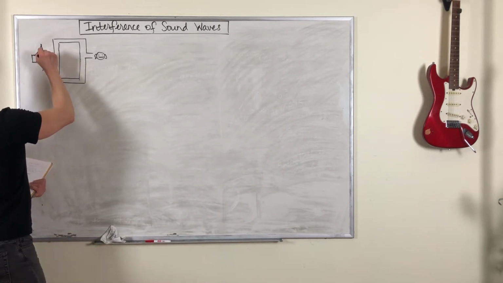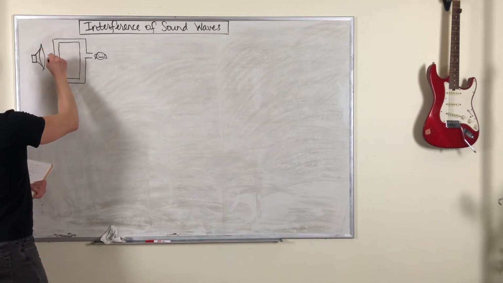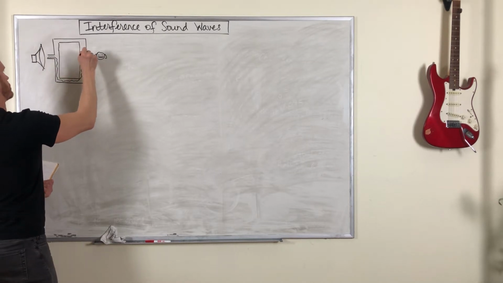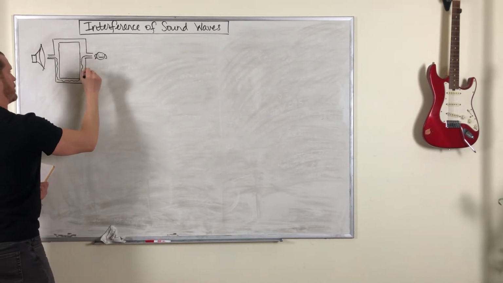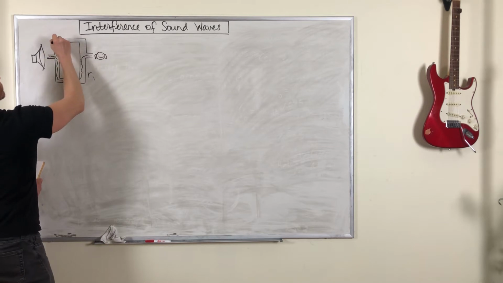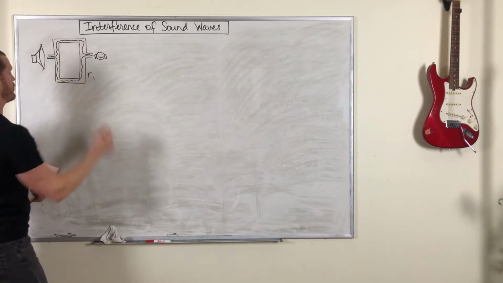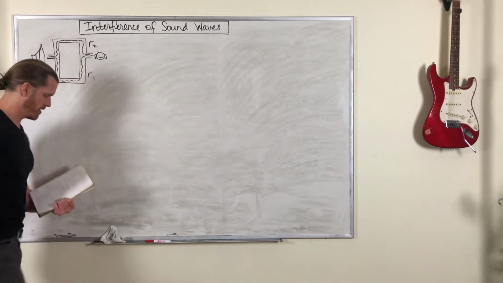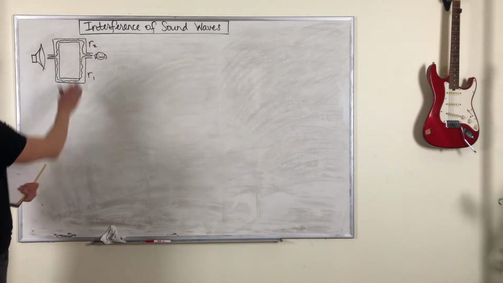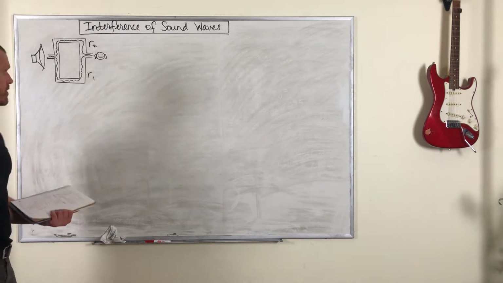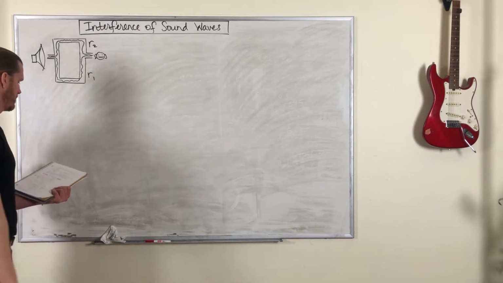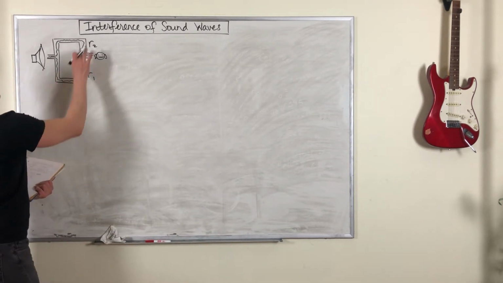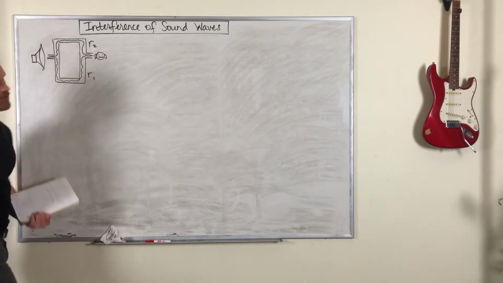So the sound will travel in two paths. These two paths may or may not have the same length. We'll call one length R2 and the other length R1.